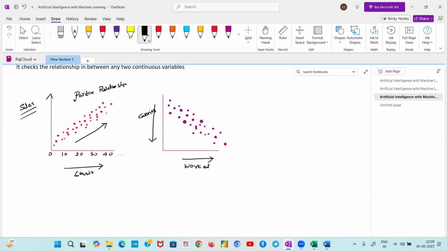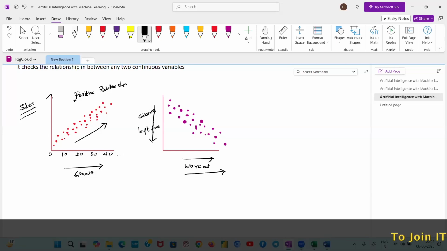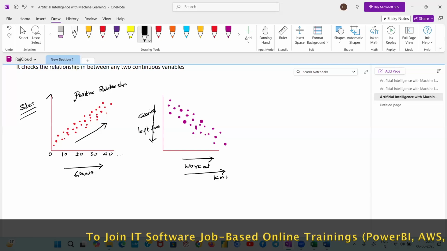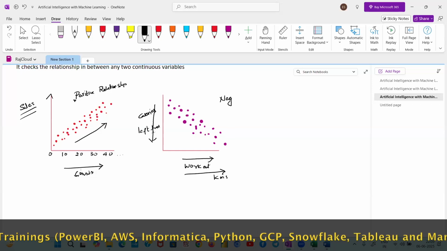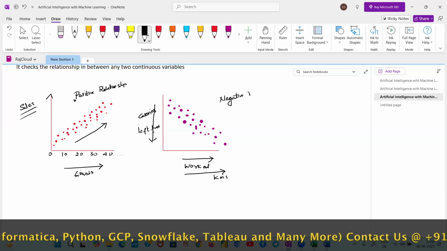Or the more kilometers you drive, the leftover fuel in your vehicle keeps reducing the more you drive the car. So what kind of relationship is it now? Negative relationship.